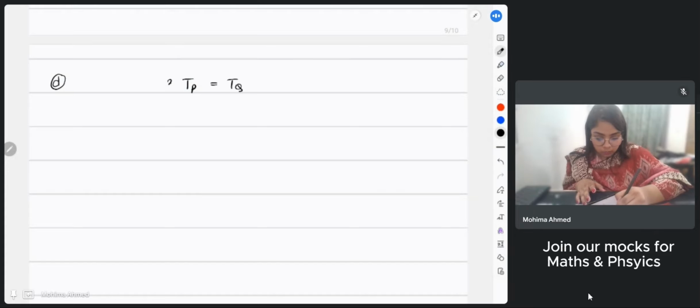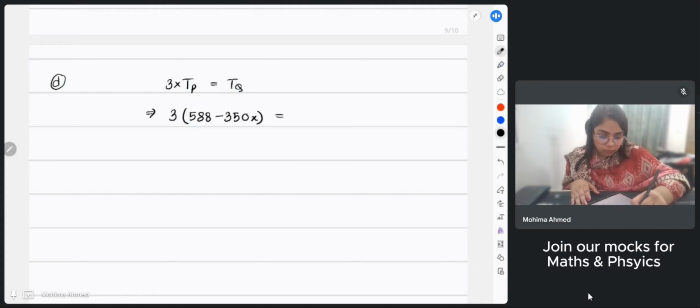equal. So it's going to be 3 multiplied with 588 minus 350x is equals to 98 plus 350x.